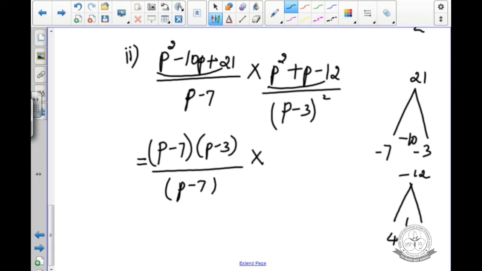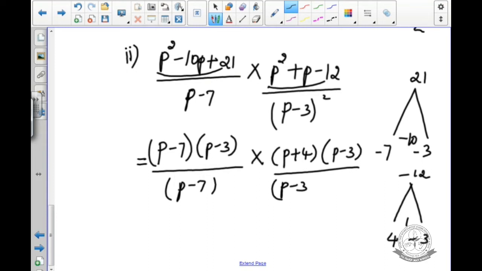So 4 3s are 12. In the multiplication term I have a minus sign. So if I put minus, I will get multiplication term minus 12 and the addition term 1, right? My variable is p. So how can I write? P plus 4 into p minus 3 divided by p minus 3 the whole square, which means p minus 3 and another p minus 3.